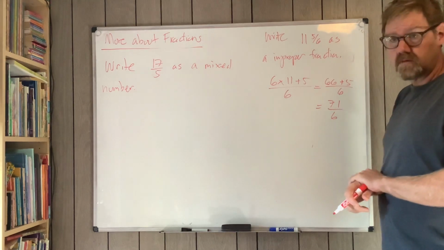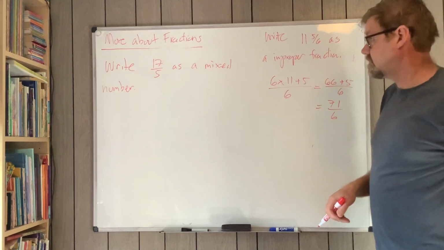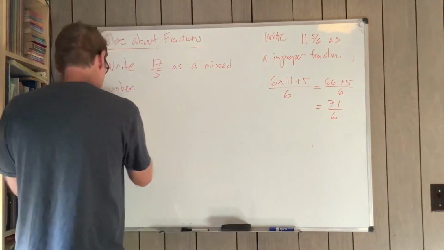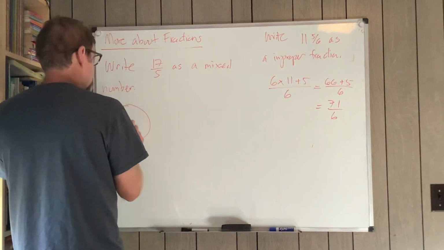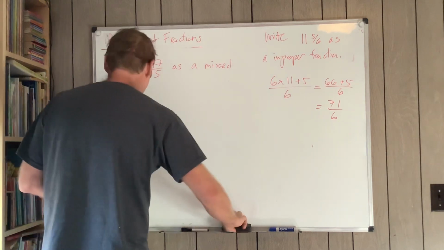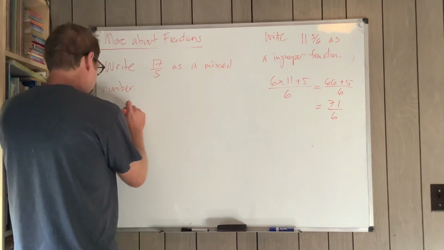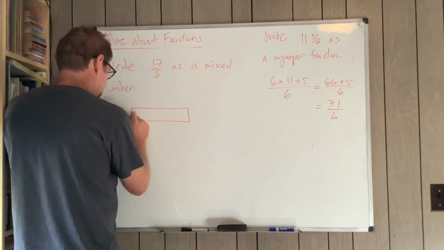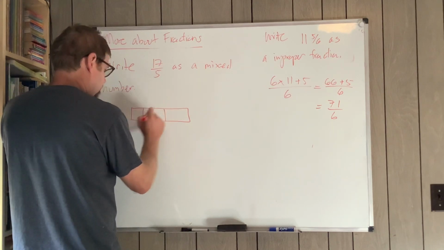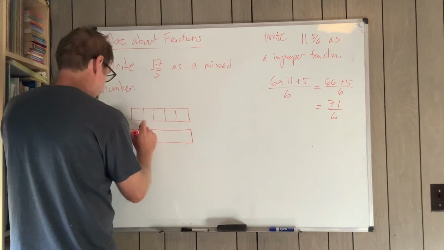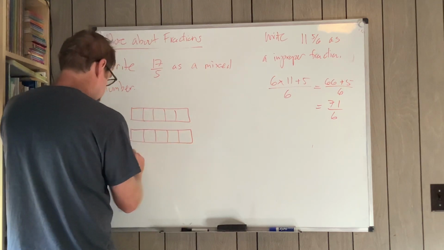Okay, well, one thing that we can do with this is I'm going to do a model first. And I'm going to do fifths. I'm going to use squares instead. Fifths are always hard to draw on circles. Let's see. So there's 5. There's 10.